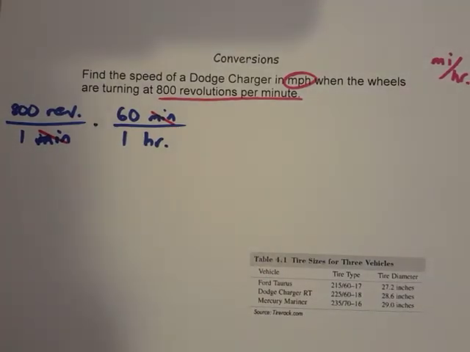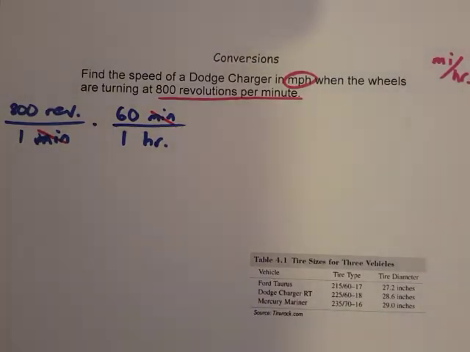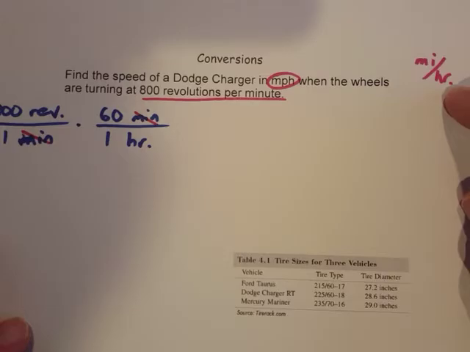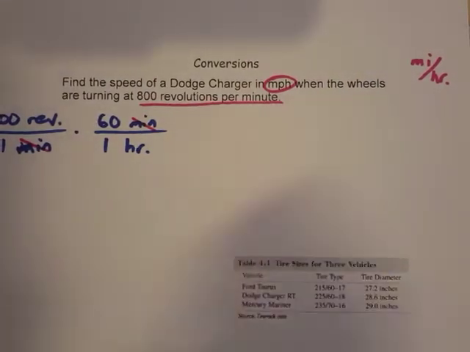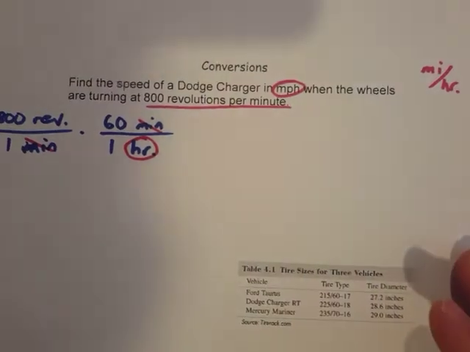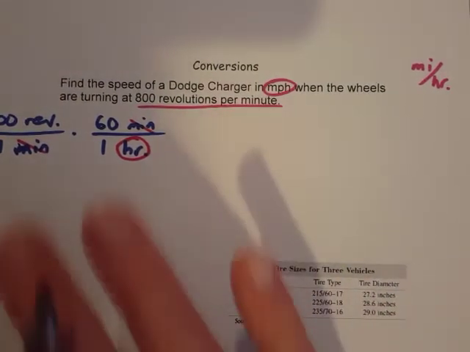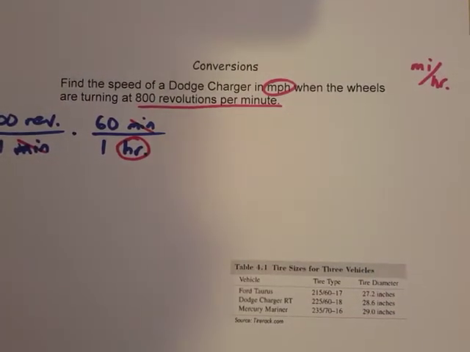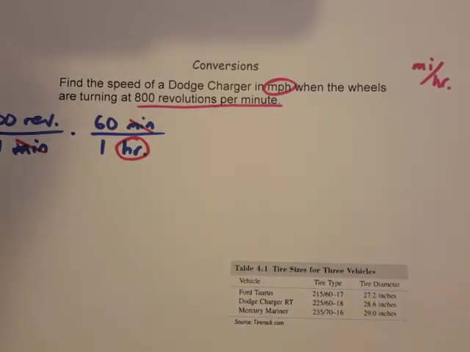That's how you know where to place them and where to place the hours and all that. Now we're looking for miles per hour, so that means at this point we are set to go with hours. And so I'm going to circle it kind of like I did in the last example as well. That's all set. Now I just got to take care of the revolutions, which is going to be the trickier part of this whole deal.